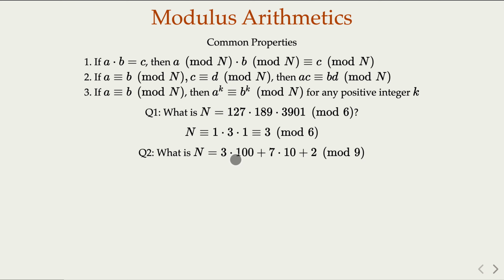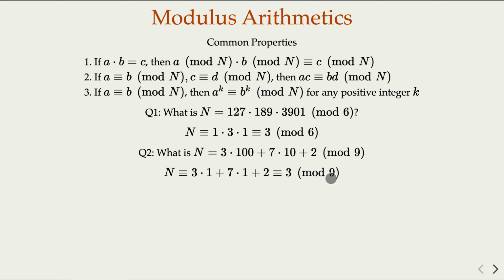Notice that the individual terms here, 110, when you do mod 9, is always a remainder of 1. So here n is congruent to 3 times 1 plus 7 times 1 plus 2. In other words, this is actually true. Here 110 is replaced with 1 because they're congruent with respect to modulus 9.